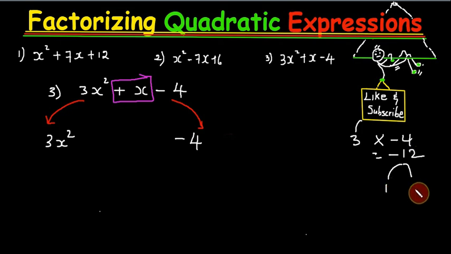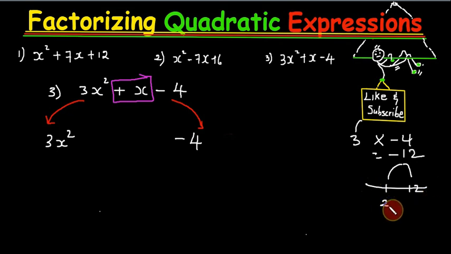We have 1 by 12. 1 multiplied by 12 will give me 12, but we want a negative 12. So whether we put the negative down here or at the 12, we will end up with a negative 12, but we will not get 1. So we cannot use this.